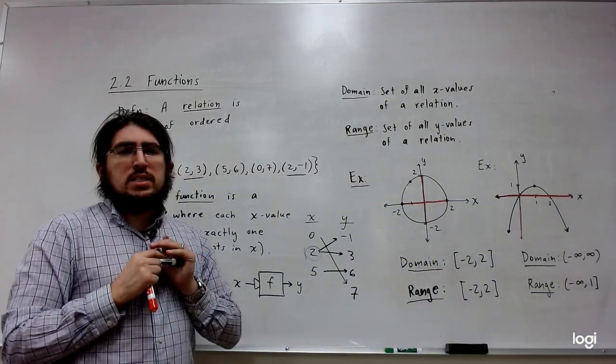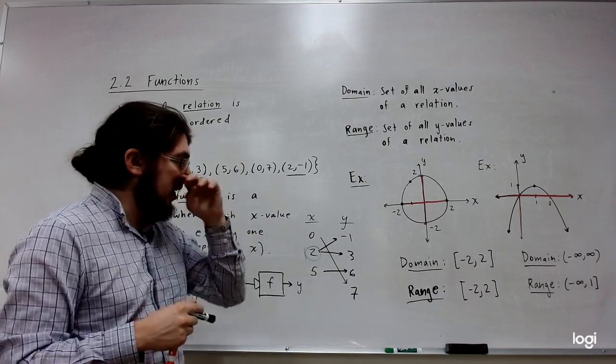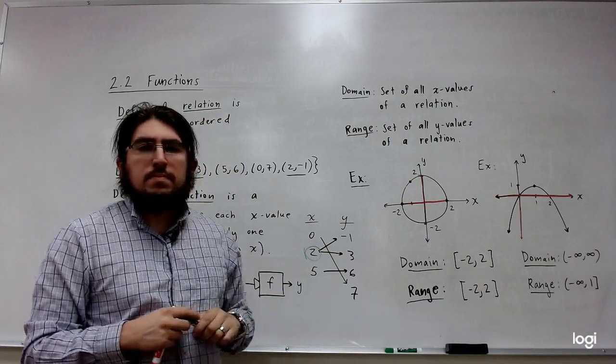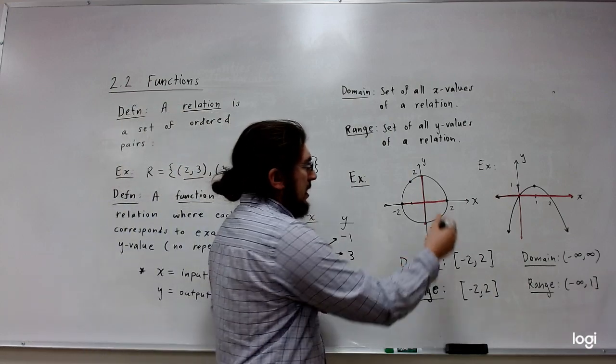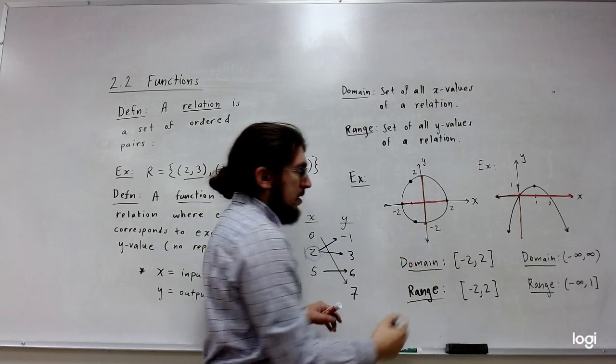One last thing I want to say here before I move on to some more things about functions is, if you look at this, it's kind of hard to tell. But let's consider this point that I plotted and this point down here.